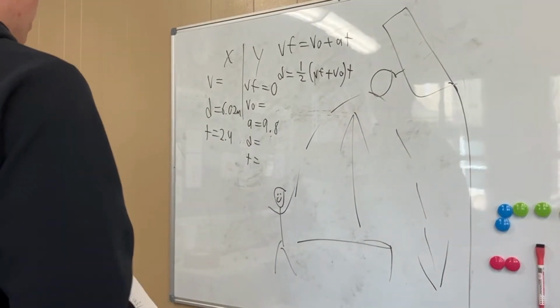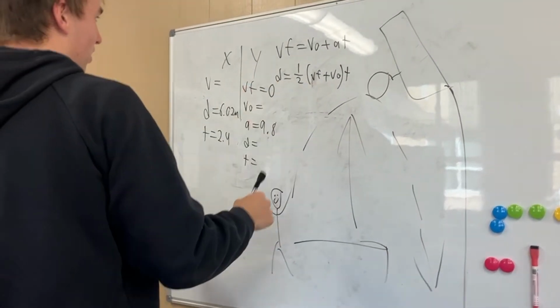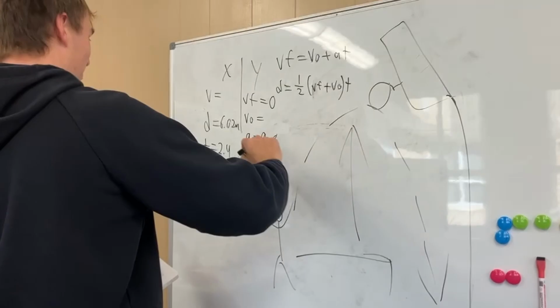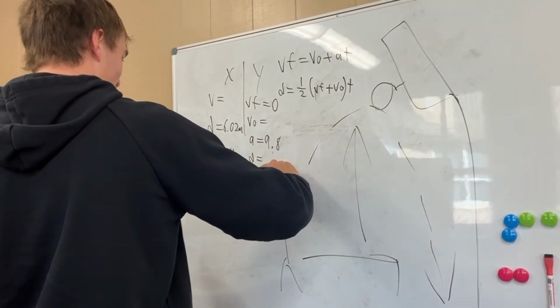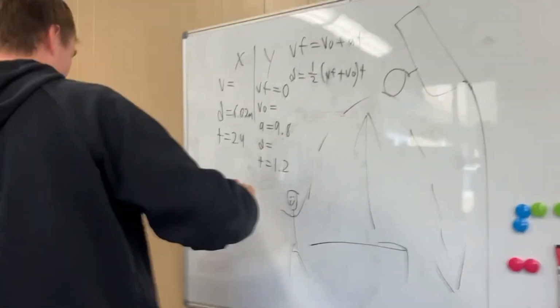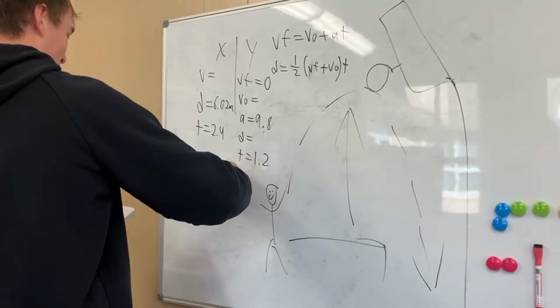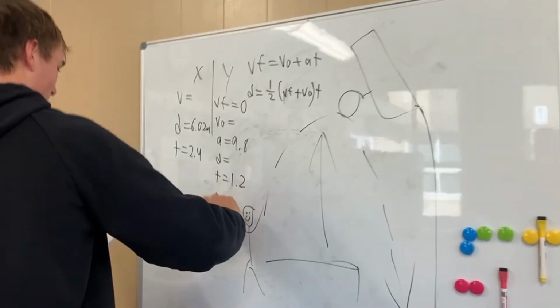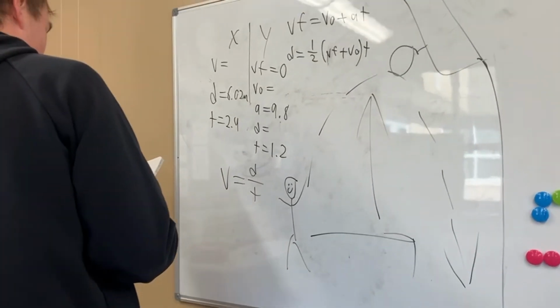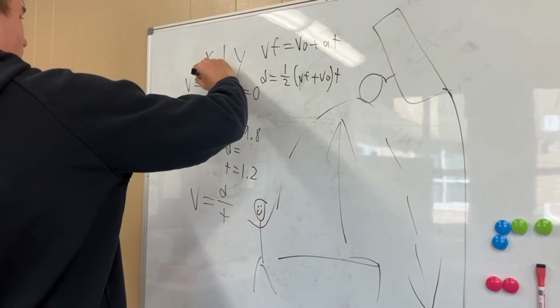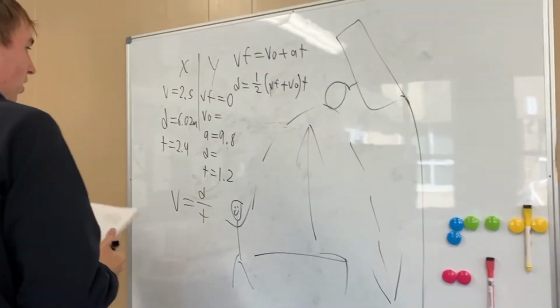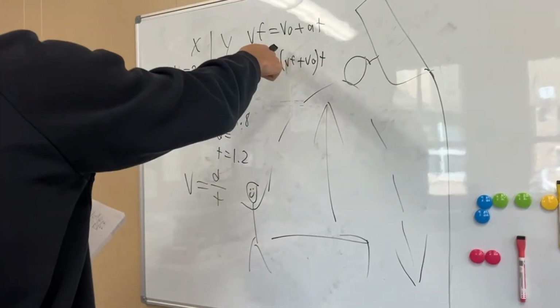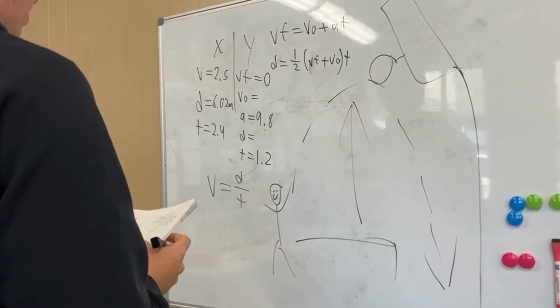So we can use this. Now our Y is only finding how high it went in half the time. So we divide that by 2, and then we can use V equals D over T to find his velocity, or find the ball's velocity. It was 2.5. And then we can use these equations to find the rest of it.